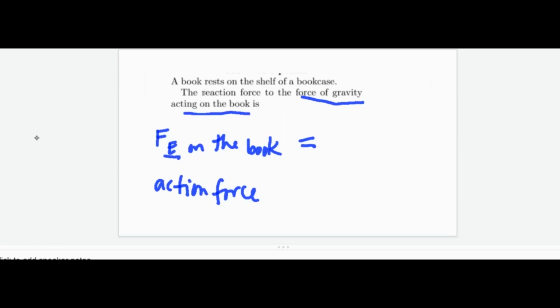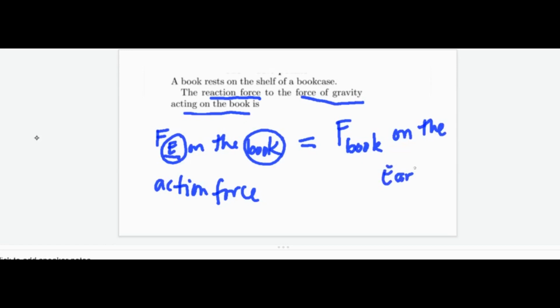That's the action force. What would be the reaction to that? So look at your two objects, earth and book. So what would be the reaction to that? Force exerted by the book on the earth. Yes, there is a force exerted by the book on the earth.